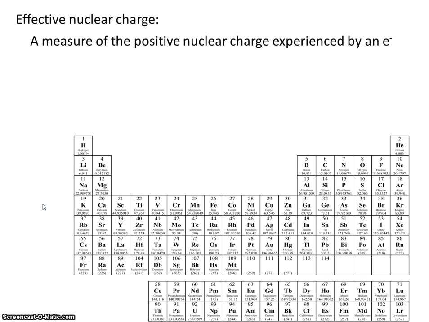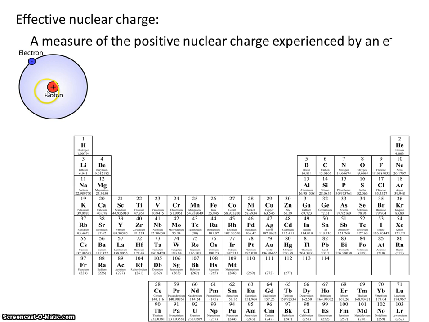Effective nuclear charge is a measure of the positive nuclear charge experienced by an electron. So in other words, if there's an electron, how much does that positive charge from the nucleus pull on the electron? So it's a measure of how much positive charge this electron experiences.